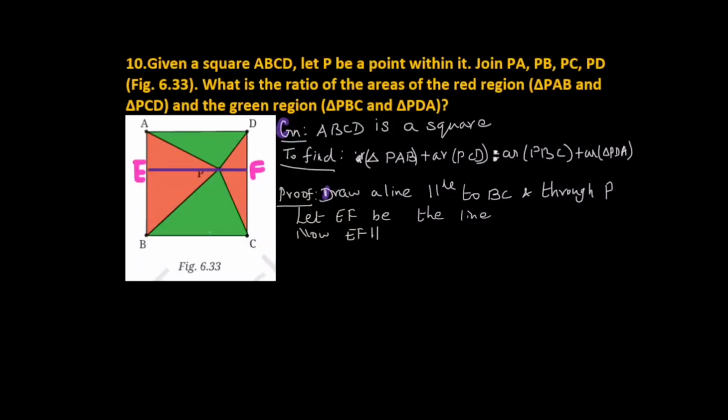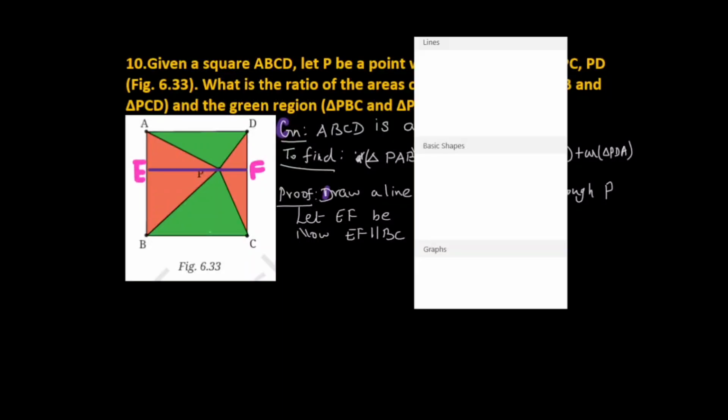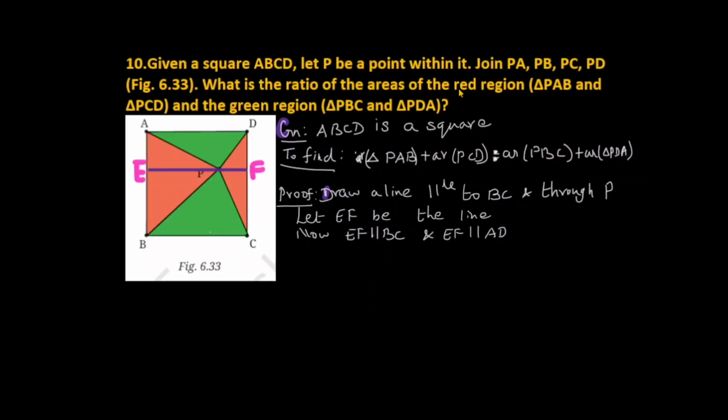EF is parallel to BC and EF is parallel to AD also, because ABCD is a square. So now we are going to take a particular rectangle. When we are dividing a square, we will be getting a rectangle.